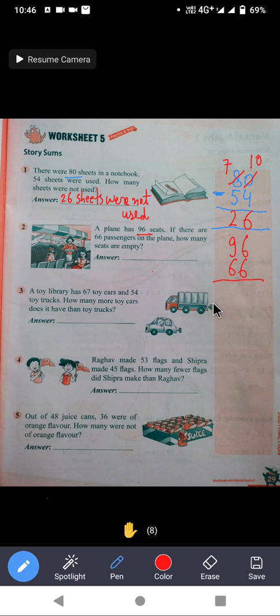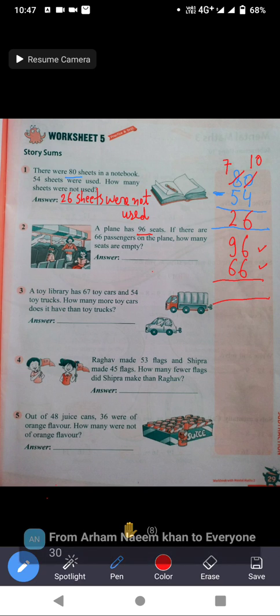So we will subtract number of passengers from number of seats. So 96 seats are there in total. On 66 seats people are sitting. So on how many seats are people not sitting?